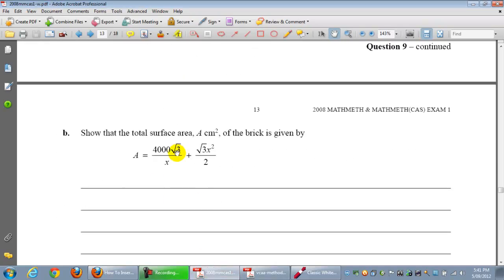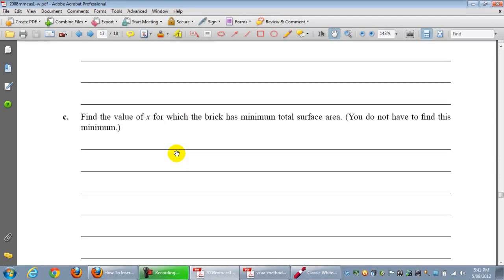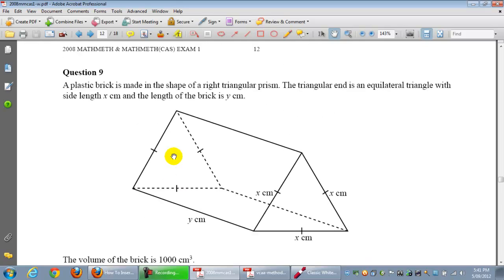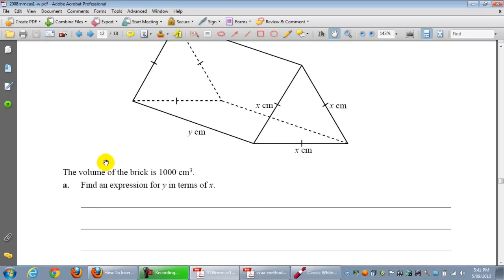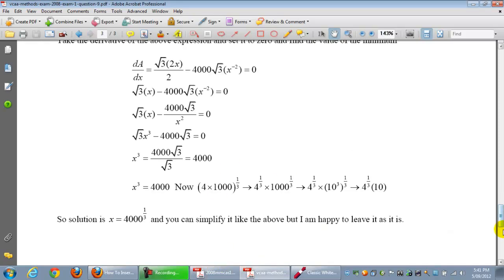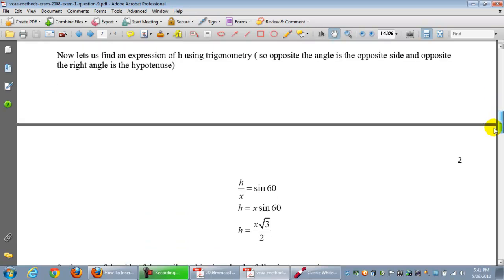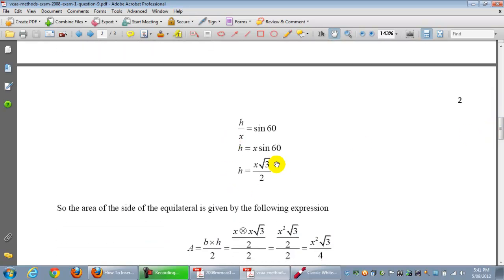It looked hard, didn't it, when you initially looked at the question, but you needed to understand a few important facts. First of all, once again, why would they give you the volume? Well, because using that you could write an expression. You had to use a little bit of trigonometry, which we did. You had to remember that formula, there's the trigonometry, and you had to get an expression for h.